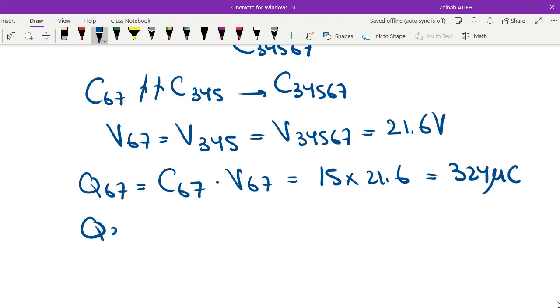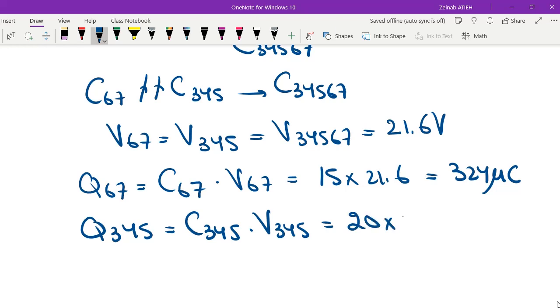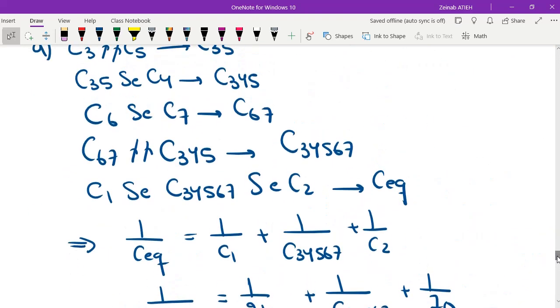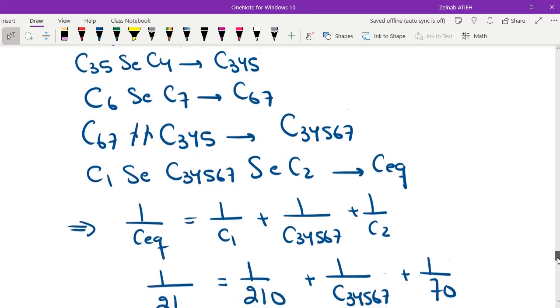Let's calculate Q345. It's C345 times V345, which is equal to 20 times 21.6, and it's 432 microcoulomb. Okay, now let's see who was in place of 6. Sorry, I had 6 and 7 in series.